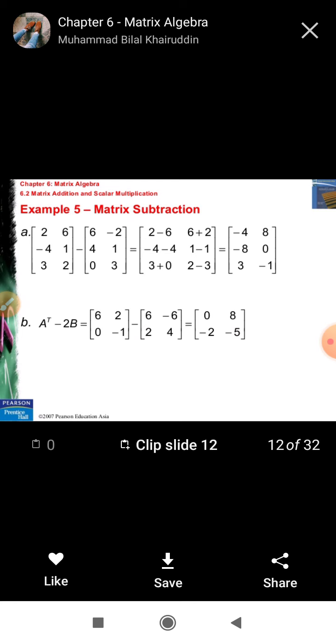And we have to calculate A minus B. The corresponding elements are subtracted, like 2 minus 6, 6 plus 2, minus 4 plus 4, 1 minus 1. In the same way you get the resulting matrix: minus 4, 8, minus 8, 0, 3, minus 1.